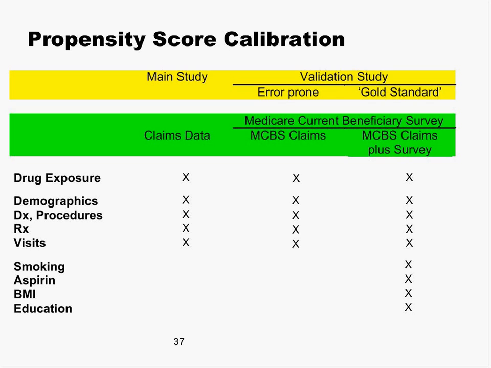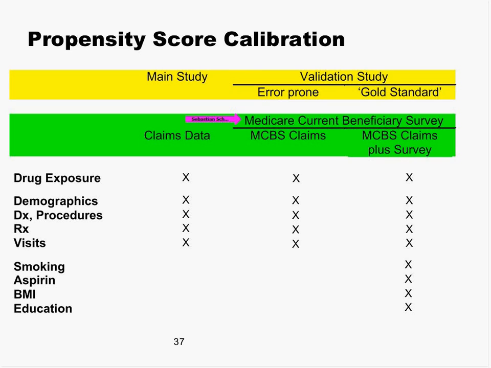It makes more sense when you look at how the data structure looks. So what we're used to is, let's say we have our main study, which is the claims data, right? And you have, in our example, the Medicare current beneficiary survey, which is what the measurement error people call a validation study. Yes.